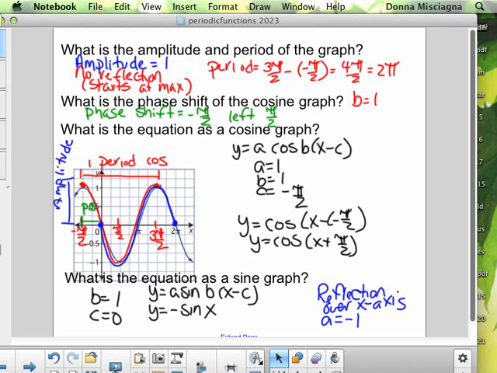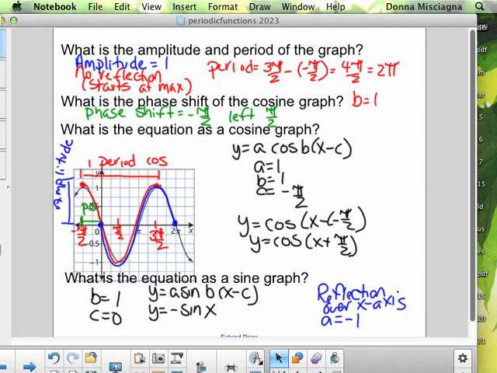But if you just identify your key components, the amplitude, max minus min divided by 2, or you can find it from the graph. Is there a reflection, yes or no? Does it go the typical way, or the reverse way?